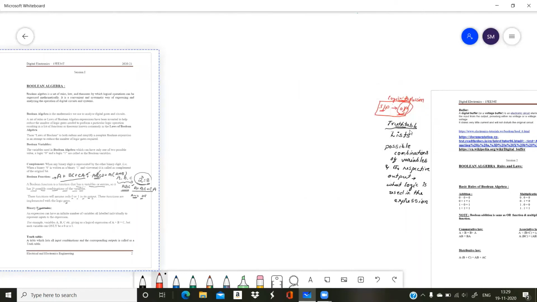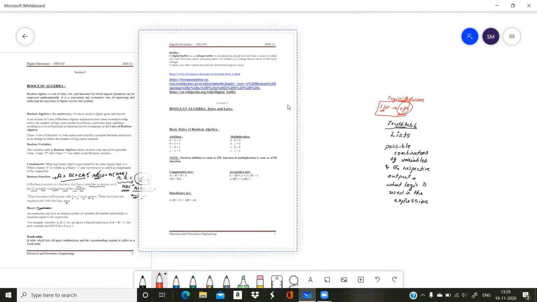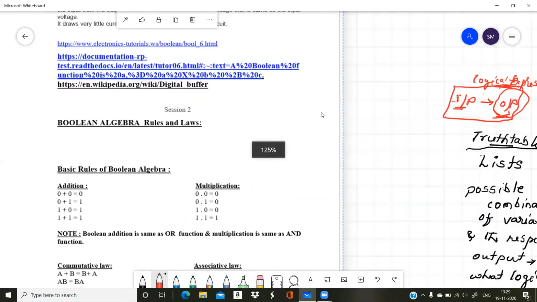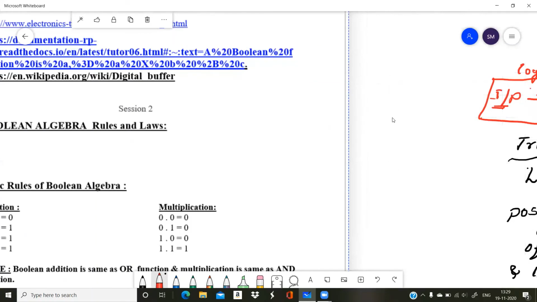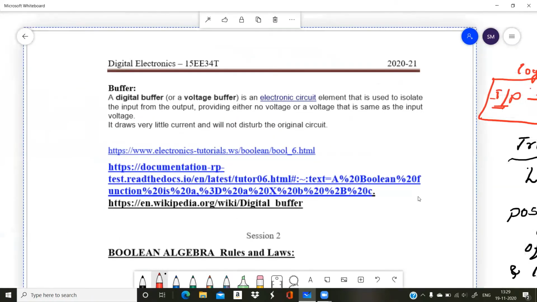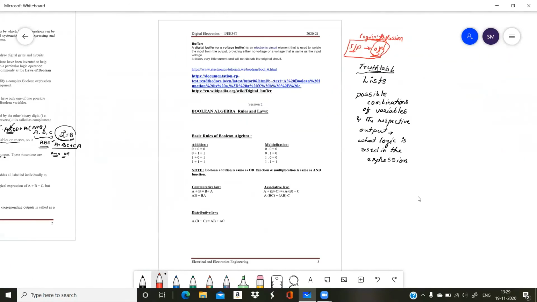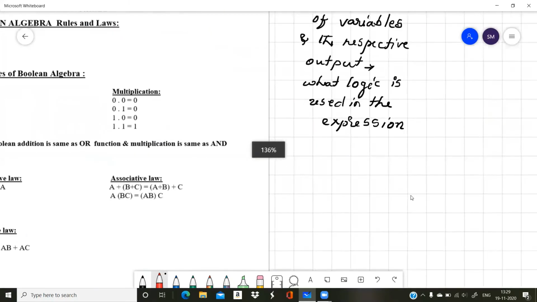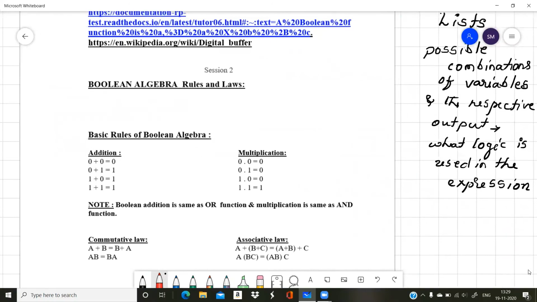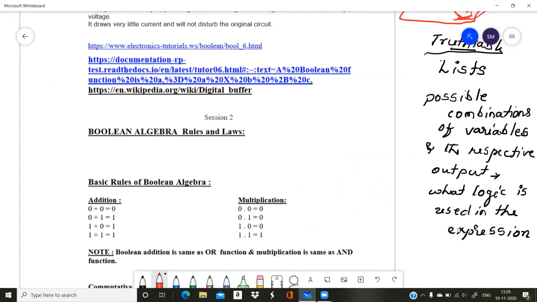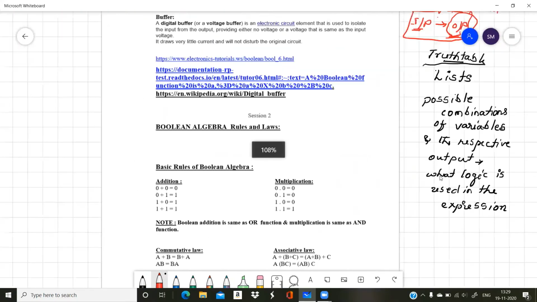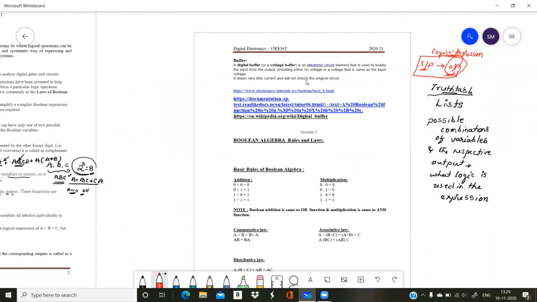Next, what is a buffer? The last definition in session 1 is the buffer. What is a buffer?